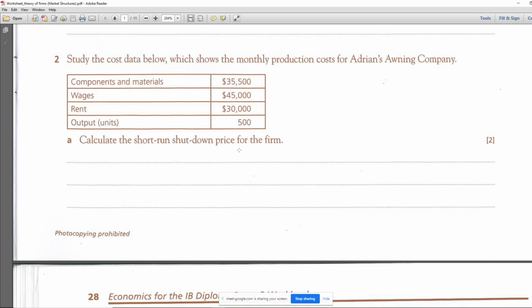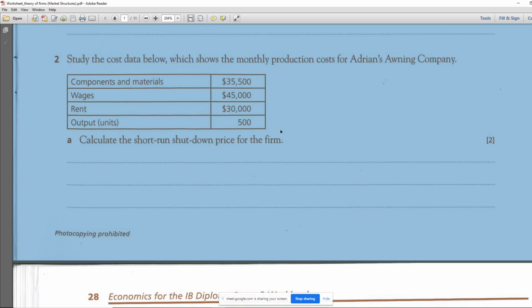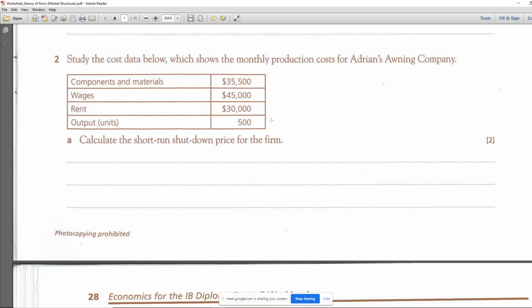If we assume at this output we can find the minimum average variable cost, how do we find the total variable cost here? What's the number for the total variable cost in this question?